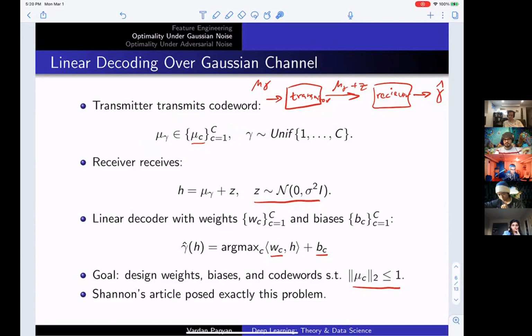It's not very clear to me. So the problem in this specific case is to design the weights, the biases, and the code words. It's analogous to training a network. When you're training a network, you're trying to find the optimal classifiers, biases, and all the weights of all the layers, right?